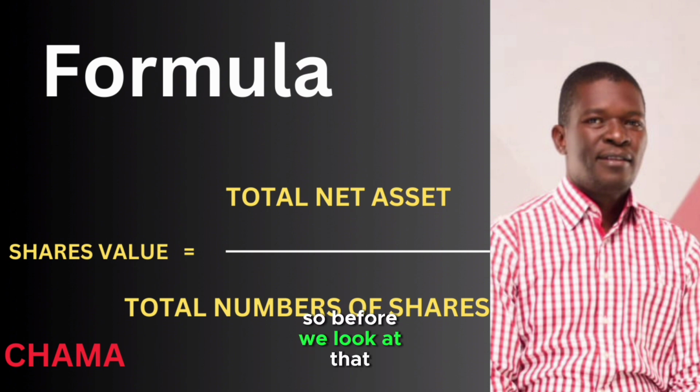Before we look at that formula, which is very simple, we are going to look at several factors that affect the calculation of the value of shares in your CHAMA, and one of them is total CHAMA assets. Total CHAMA assets include cash, investments, and properties that your CHAMA has bought.